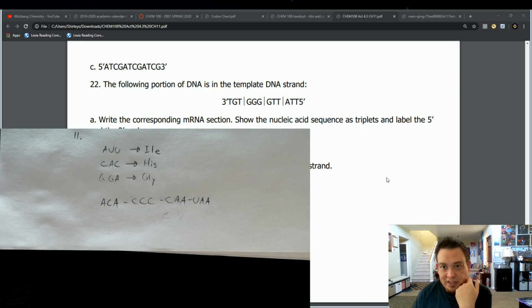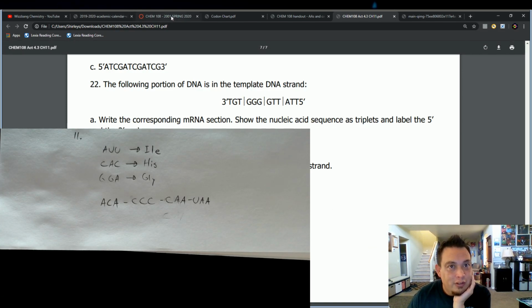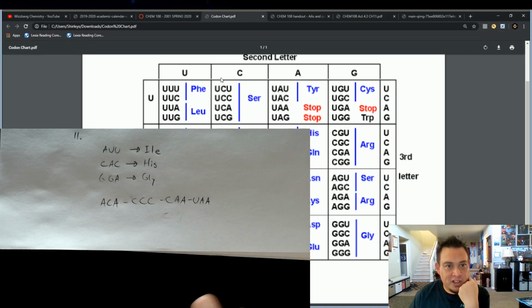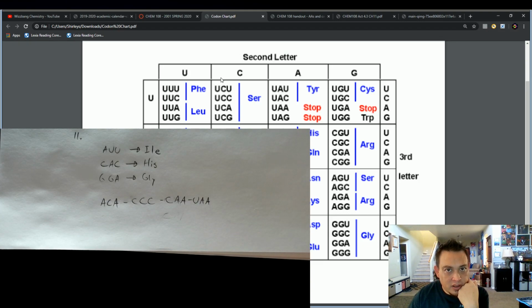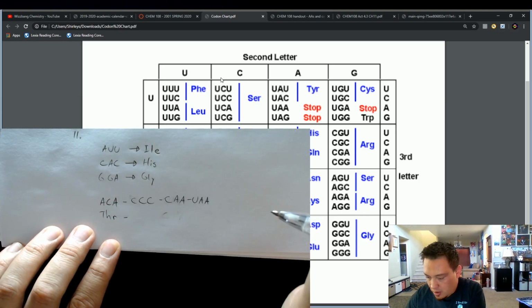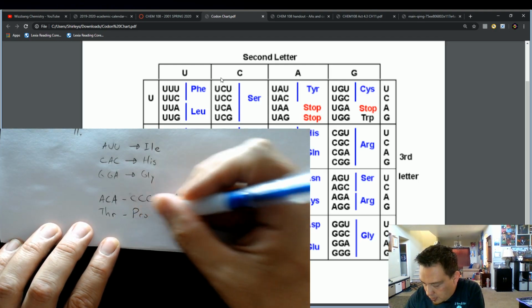So then it's asking, the next question is asking you what amino acid sequence is this, and then I want to draw it just for good measure, because one of you guys was requesting me to draw it last time. So I'm just going to translate this from the chart here. So ACA becomes threonine, THR. CCC becomes proline.